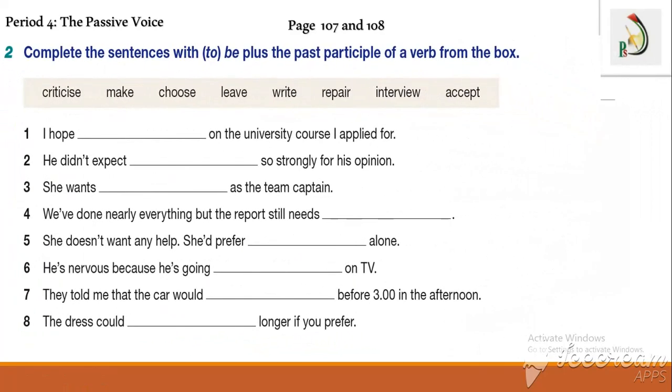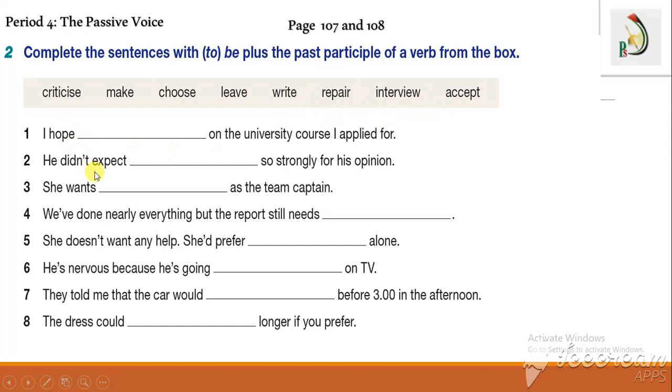Continuing to exercise number 2, complete the sentences with to be plus the past participle of the verb from the box. Criticize, make, choose, leave, write, repair, interview, accept.